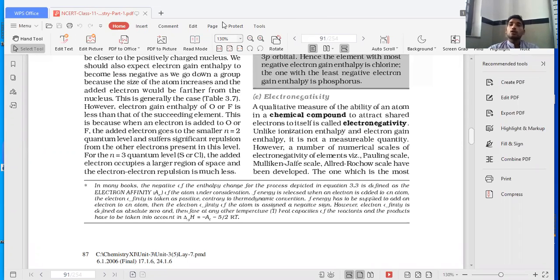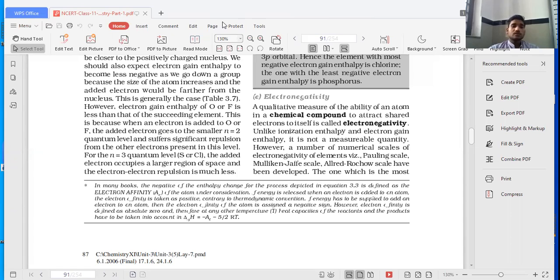Then we discussed the long form of the periodic table and blocks, and after that the periodic trends in properties. Out of the periodic trends, we have already discussed atomic radius, ionic radius, ionization enthalpy, and electron gain enthalpy. This is the time when we are going to discuss electronegativity, right?